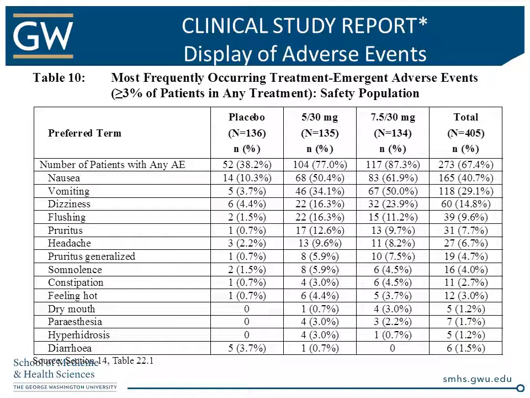ICH E3 provides a suggested cutoff of greater than or equal to 1% criterion. However, the cutoff criteria is really a study-dependent decision where the team must use their judgment. This is discussed further in the article by Linda Donini in your readings for this week.